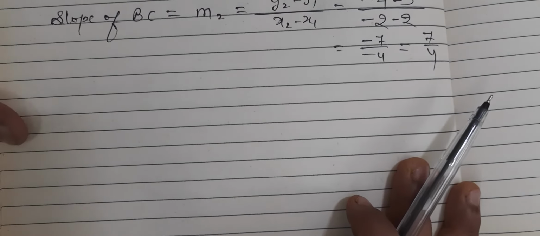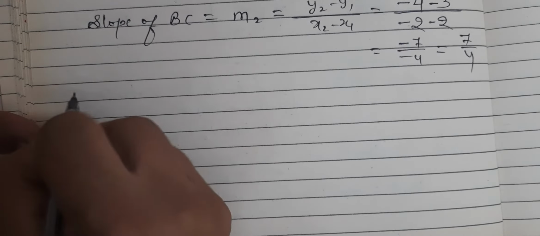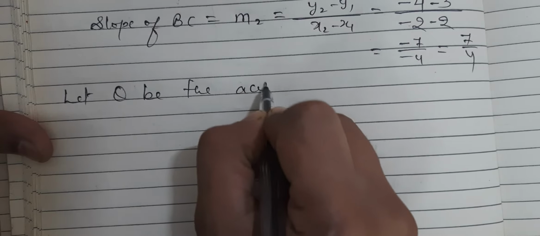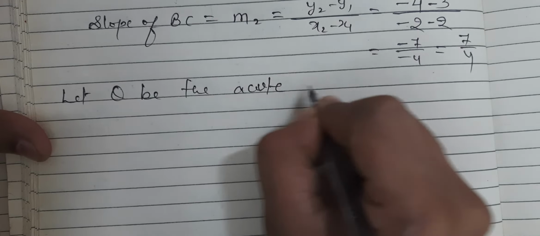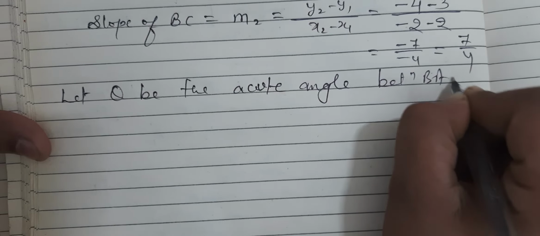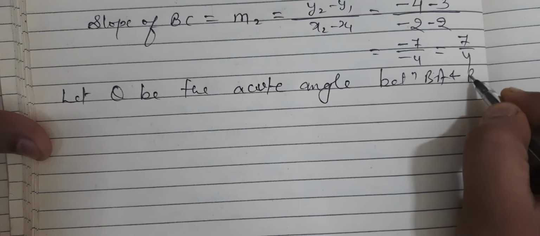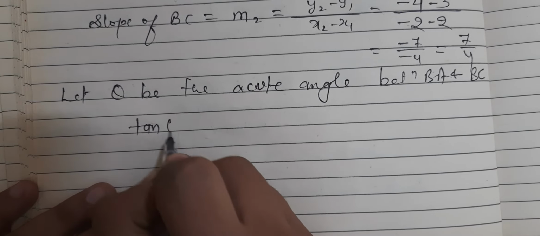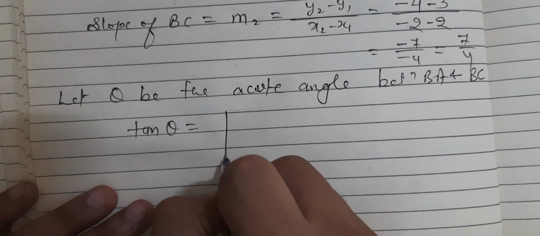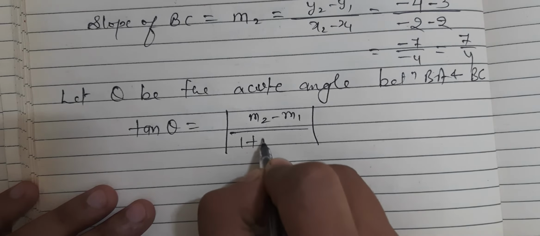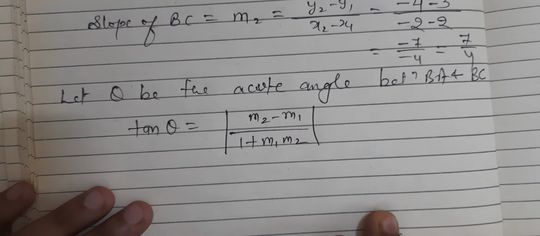Now we have to find the angle. We will find the acute angle. So let theta be the acute angle between BA and BC. We can find this acute angle using the formula tan theta equals mod of m2 minus m1 upon 1 plus m1 m2.